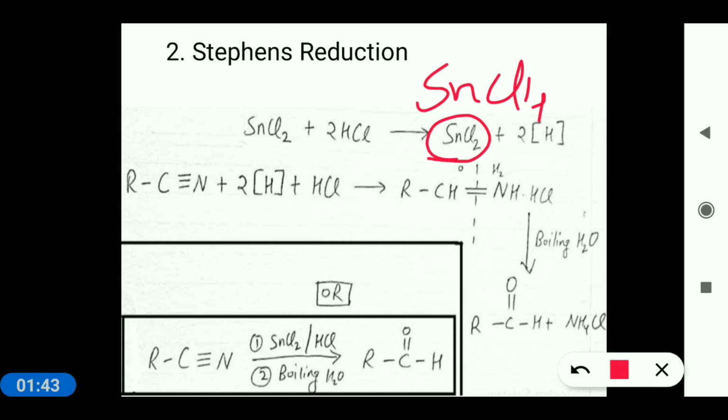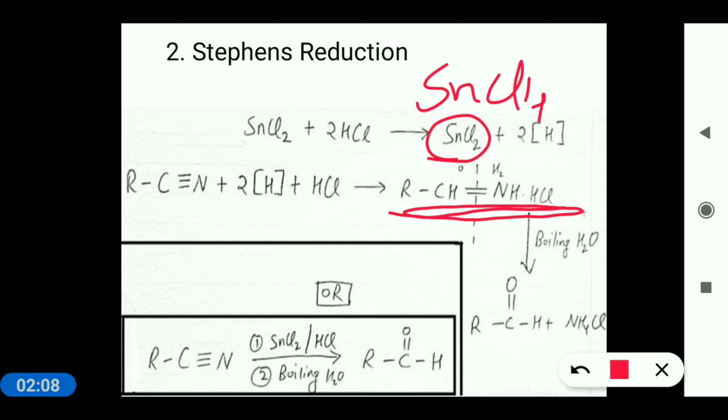When an ethereal solution of a nitrile is reduced with stannous chloride in presence of hydrogen chloride gas at room temperature, imine hydrochloride is precipitated. This upon hydrolysis with boiling water gives aldehyde.